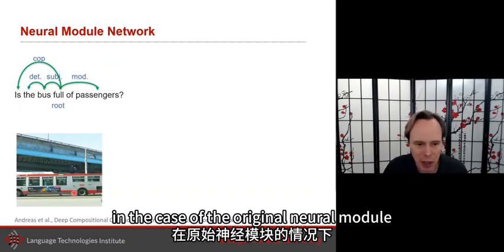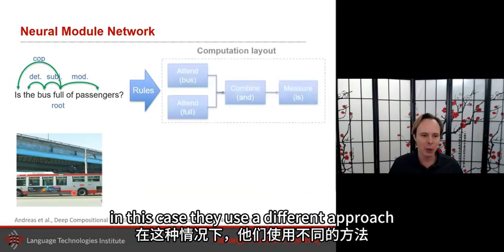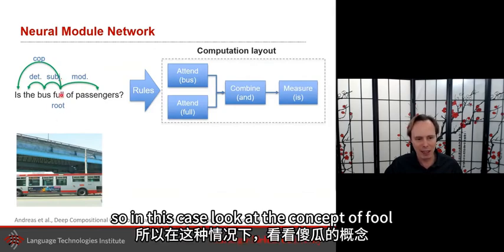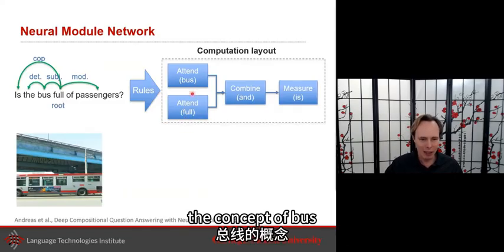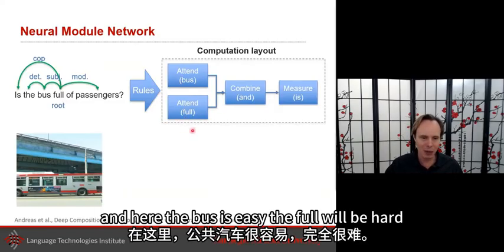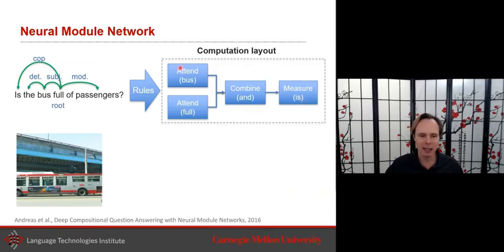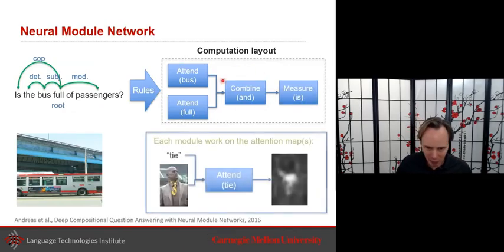In the original neural module network, they use a different approach, and they look more at the dependency parsing. So in this case you look at the concept of full, the concept of bus, and here the bus is easy, the full will be hard. And then you bring the two together, and is the bus full.